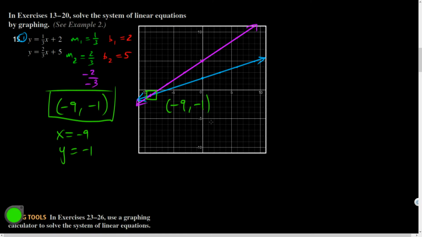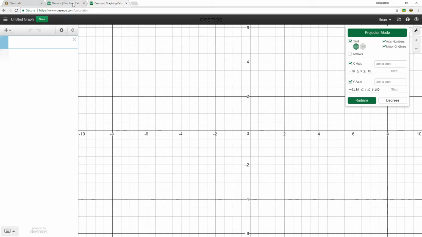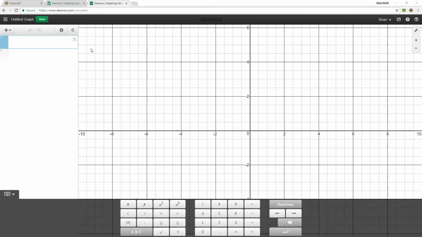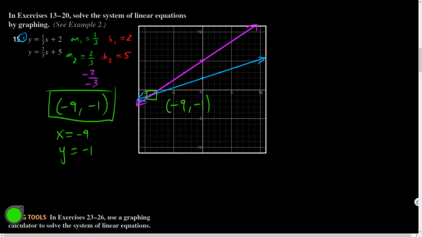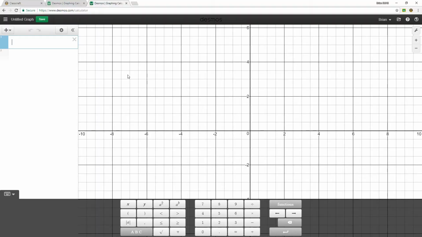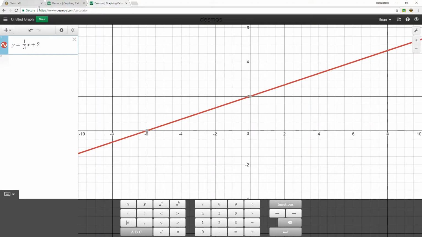Let me open up some Desmos calculator here, and we'll just do a quick check on this. Y equals 1 divided by 3 x plus 2. There's one line.